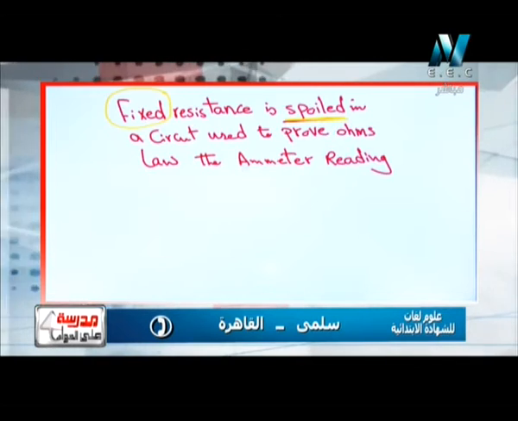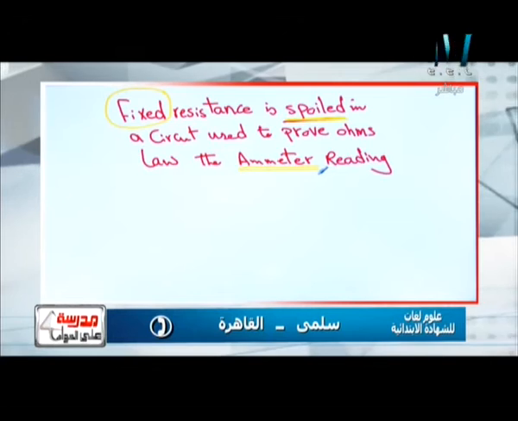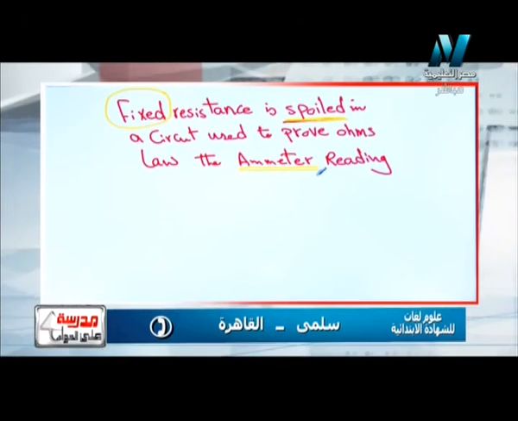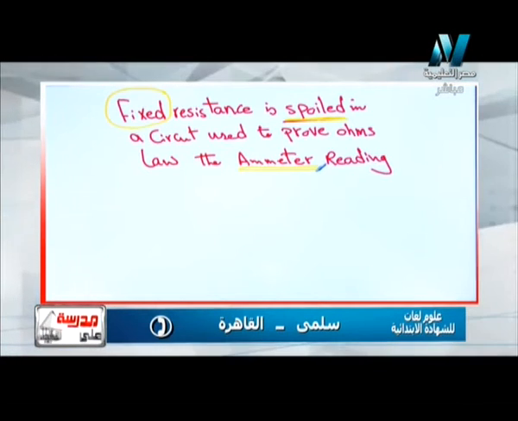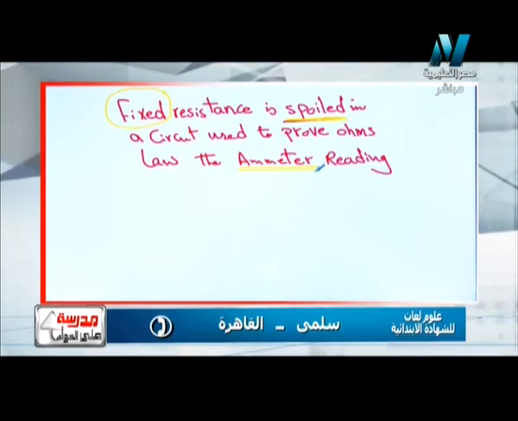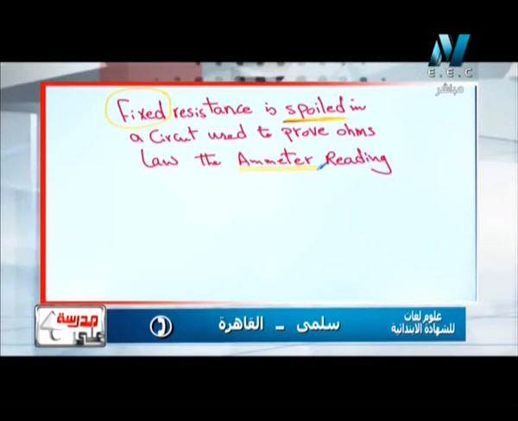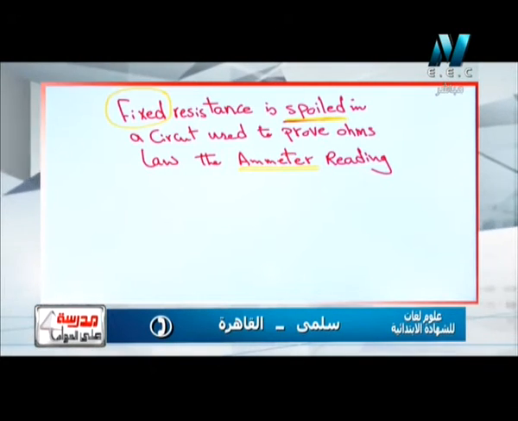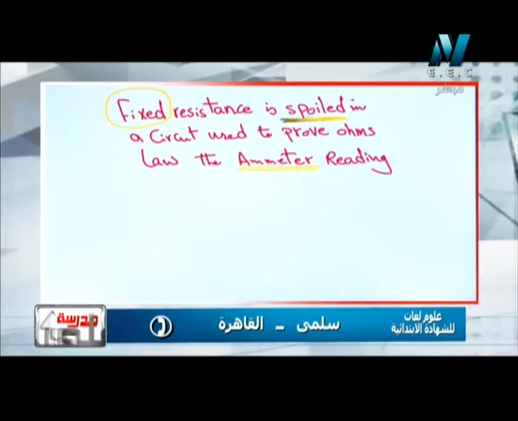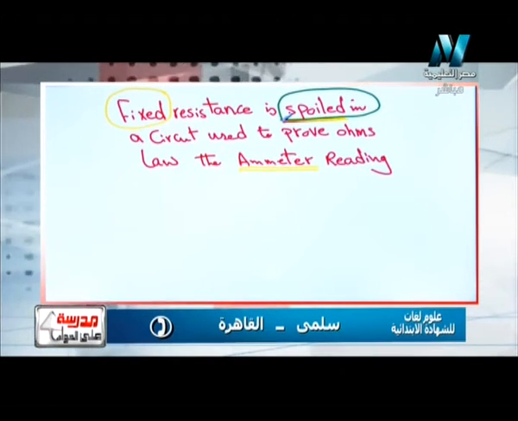So the ammeter reading is what? Do we have electric current in this circuit? If the fixed resistance is spoiled, we have electric current if there is a battery, a source of energy.